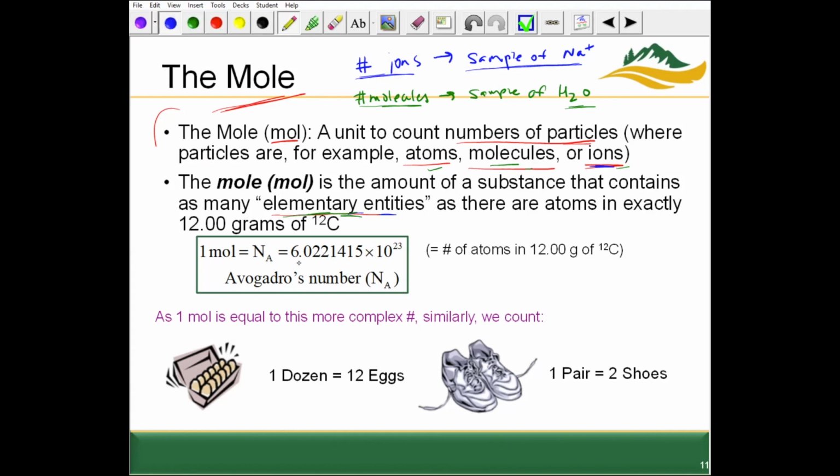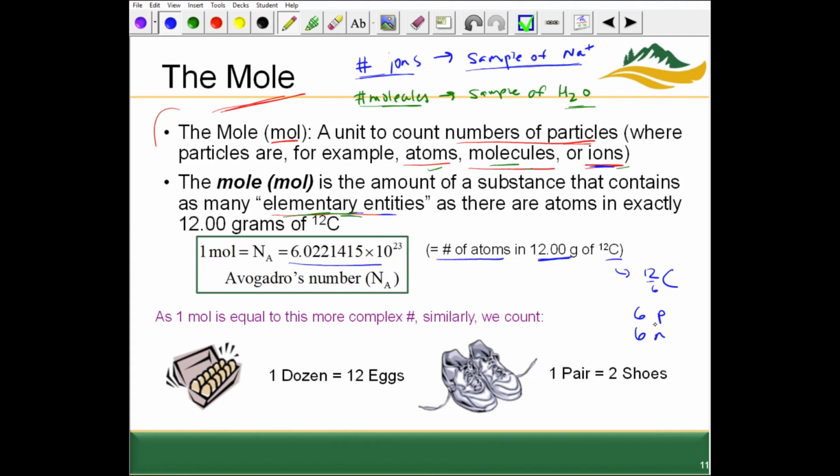Where did we get this huge number from? It's actually the number of atoms in 12 grams of carbon-12. Remember, carbon-12, because it's carbon, will always have 6 protons. From this atomic mass, 12 minus 6, it also has 6 neutrons.